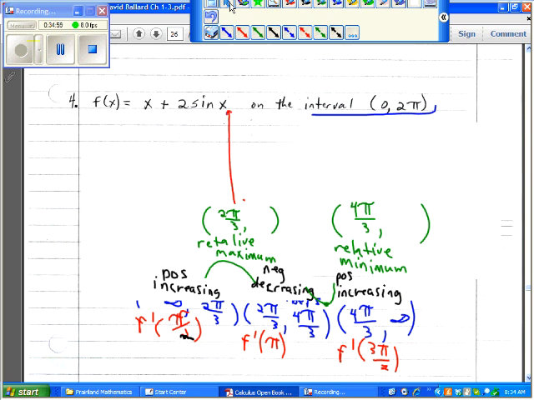So we're going to say, well, what is the sine of 2 pi over 3? Well, what's the reference angle for 2 pi over 3? 60. What's the sine of 60? Square root of 3 over 2, times 2 over 1, plus my x, which is 2 pi over 3.